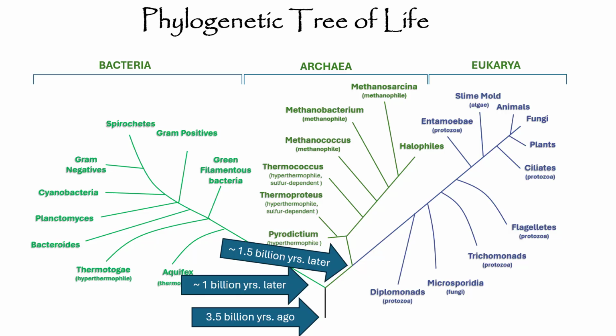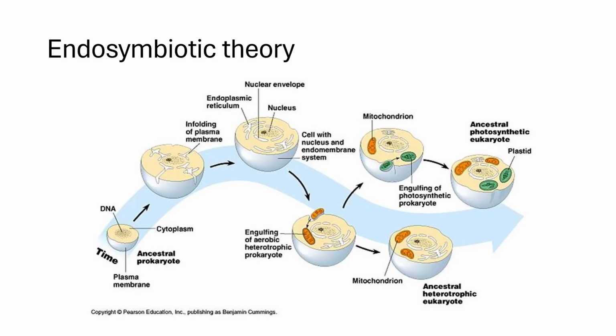Remember, we mentioned the endosymbiotic theory. That explains how these eukaryotic organisms formed from a prokaryotic ancestor by accounting for their formation of mitochondria and chloroplasts. So this is the slide that represents the endosymbiotic theory.